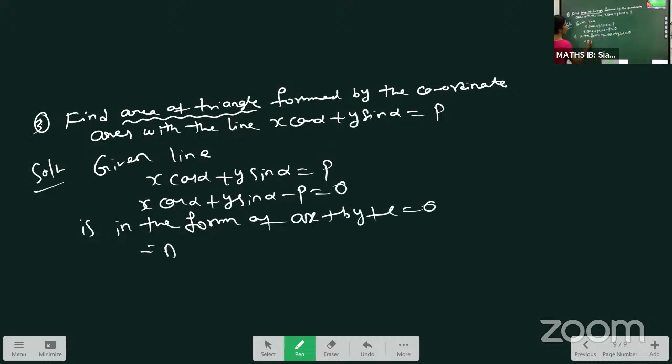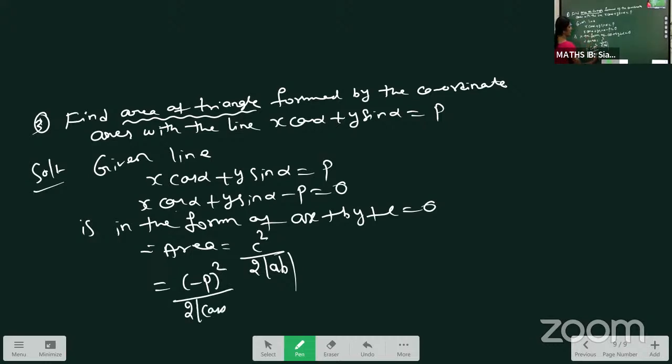Therefore, area is equal to c square by 2 mod ab. The x coefficient is a, the y coefficient is b, and the constant is c. What is the c value we have? Minus p whole square; you have to take it along with the sign. 2 mod ab, where a is cos alpha and b is sin alpha.